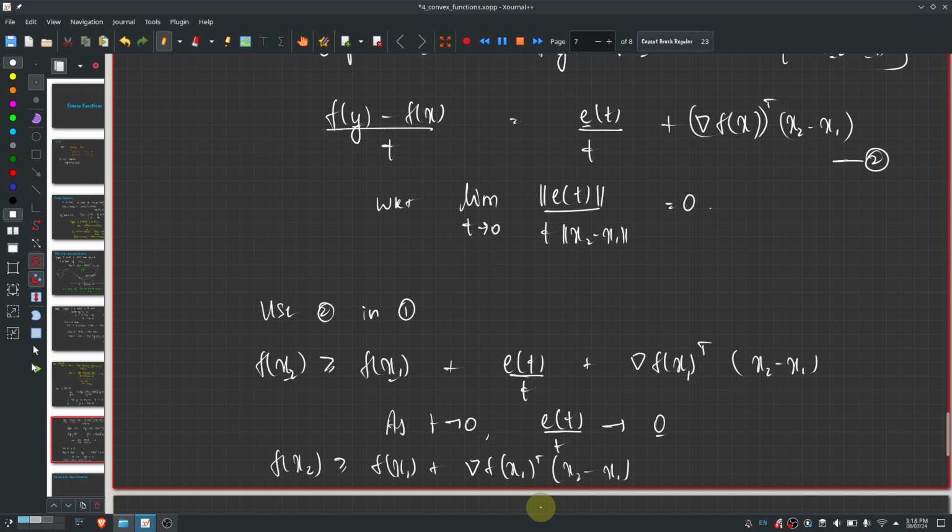Any questions? So this proves one half of the statement. Now we need to show that if this holds for all x1, x2, then the function f is indeed convex. That is a slightly easier thing to do.